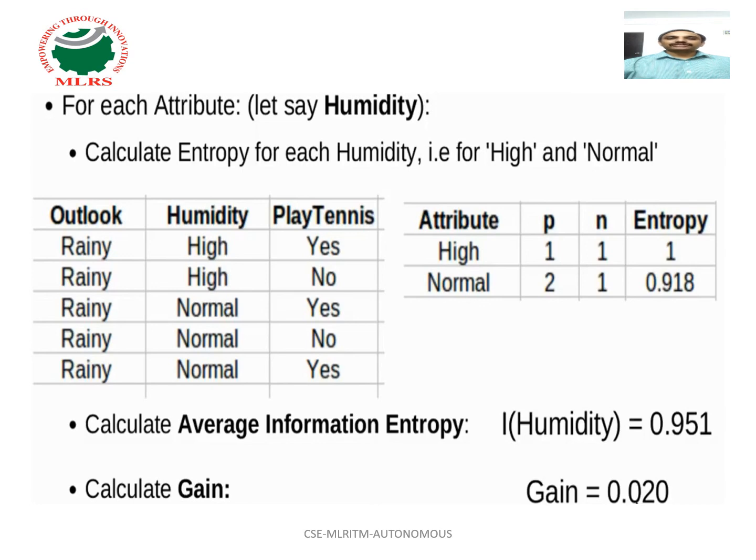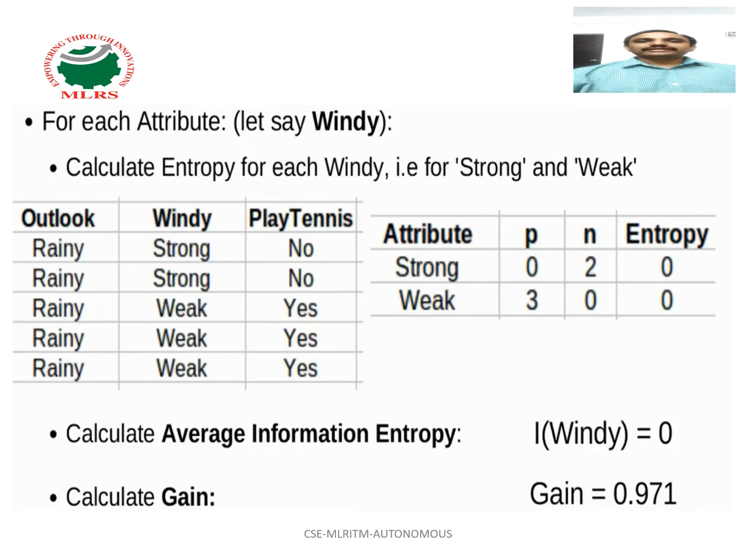By using those, we first calculated the average information entropy using the same formula. Later we calculated the information gain of humidity. Similarly, the information gain of the windy attribute is calculated. Windy has two values, strong and weak, and those values with respect to rainy have different play tennis values.